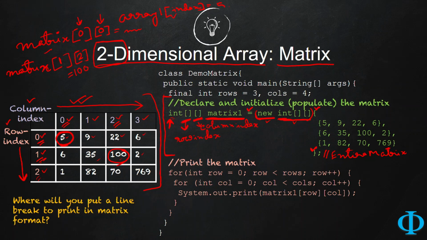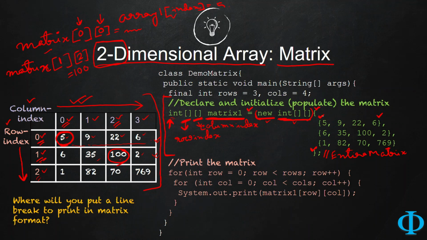Now when you are putting elements inside each row, consider it just like a single dimensional array. Like each row is actually a single dimensional or normal array. So what do you need to do? You have to put all the elements inside one row inside another opening and closing curly brace.